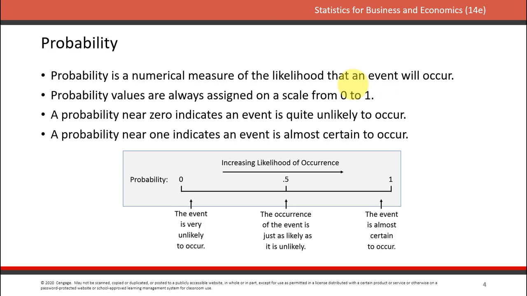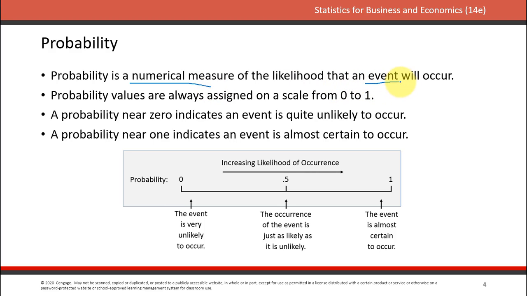Or we might say the probability that it will rain, so the event that it will rain, we want to assign a number to that event. We might say 20%. So probability is a numerical measure with a number assigned to an event. And probabilities are always assigned on a scale from 0 to 1.